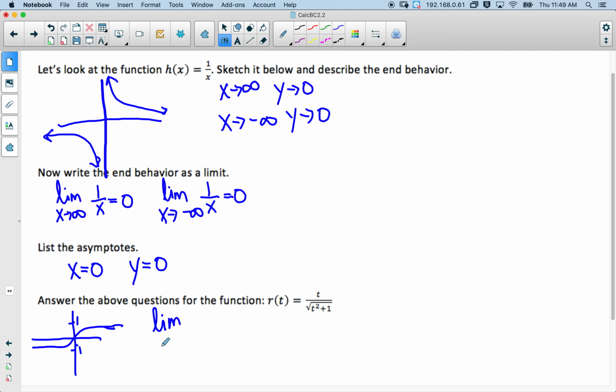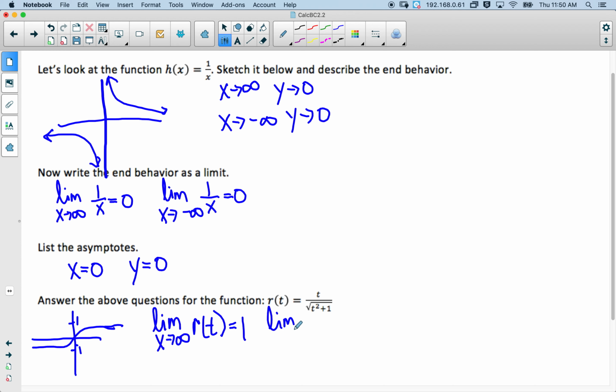So we have the limit as x approaches infinity. And I'm going to take a shortcut and just write r of t. You always have to have a function after your limit. You can't just write the limit. You have to say the limit of what? So at positive infinity, that's equal to 1.